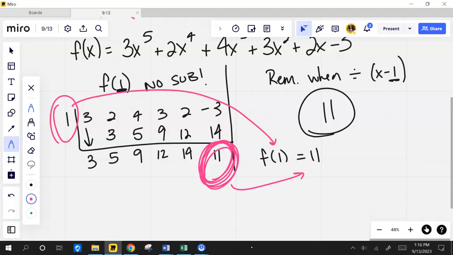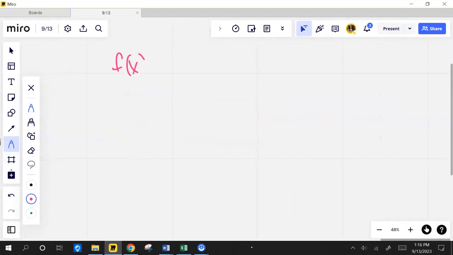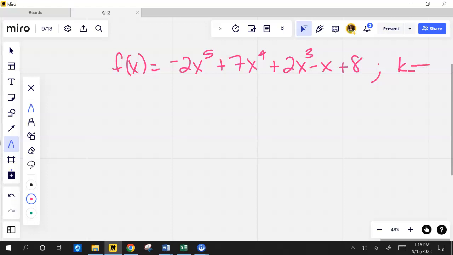Okay, look at this one. Evaluate f of 4 without using substitution.